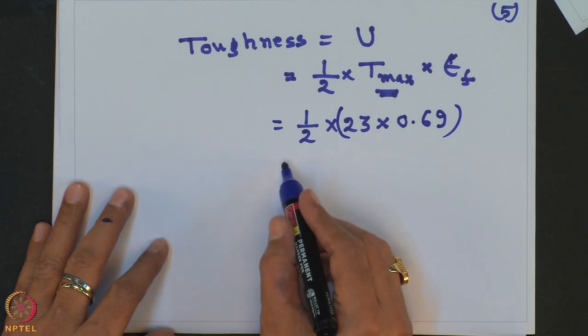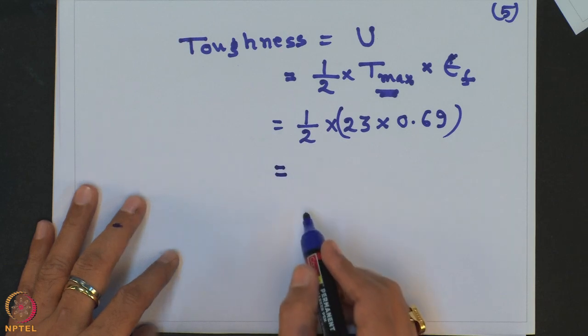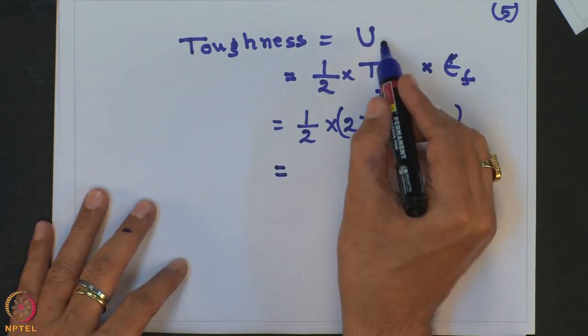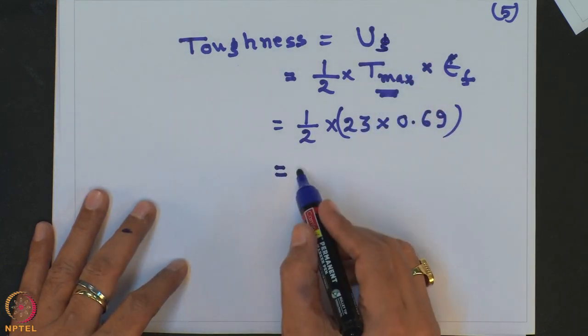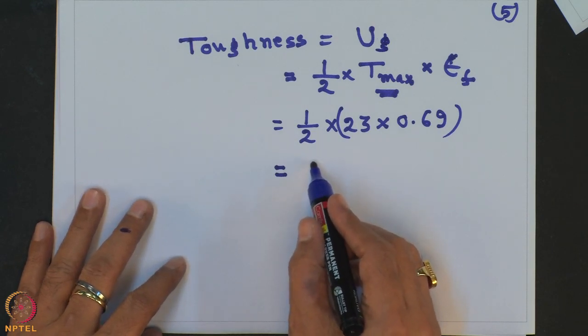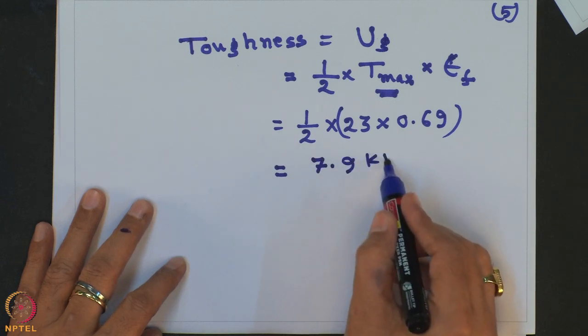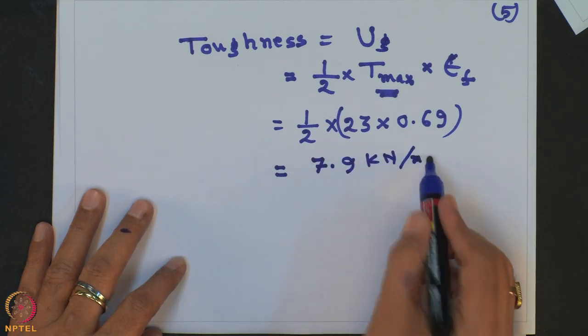If you calculate the toughness, also designated as E of G, it is about 7.9 kilonewton per meter.